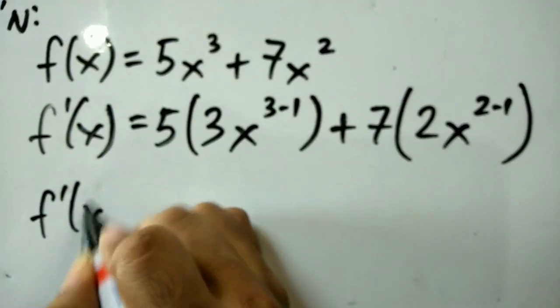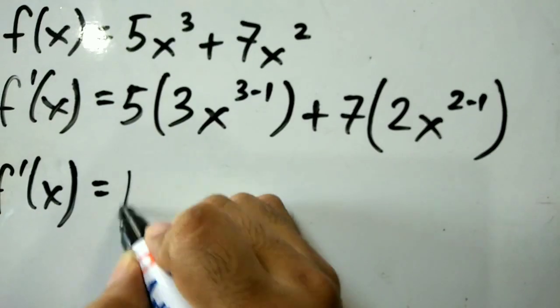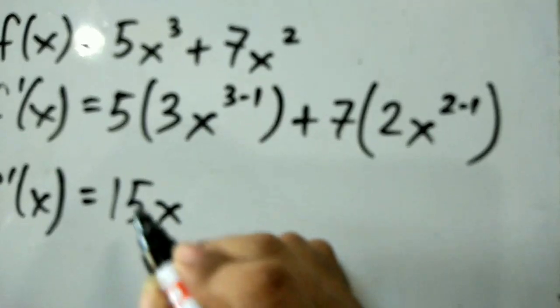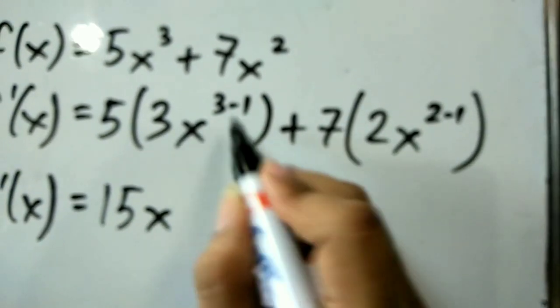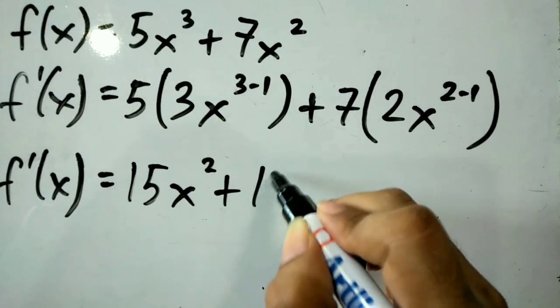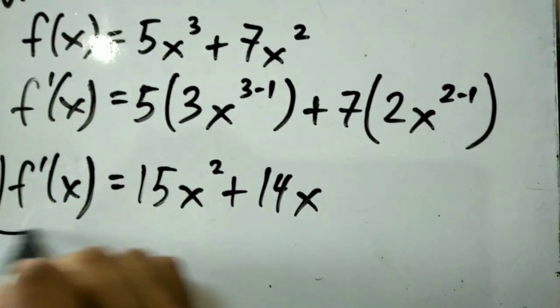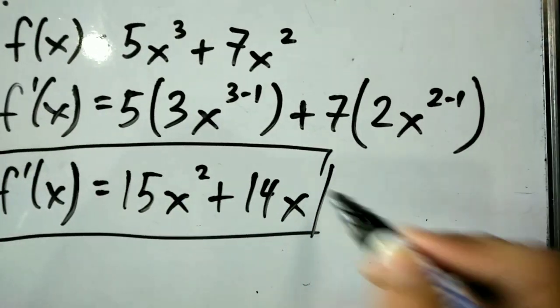Then we come up with the final answer, which is 5 times 3, 15x squared, plus 7 times 2, 14x to the power of 2 minus 1. Okay, so we have the final answer.